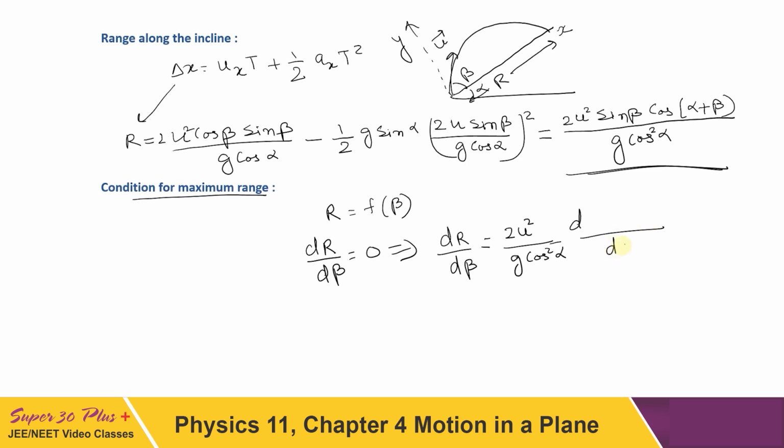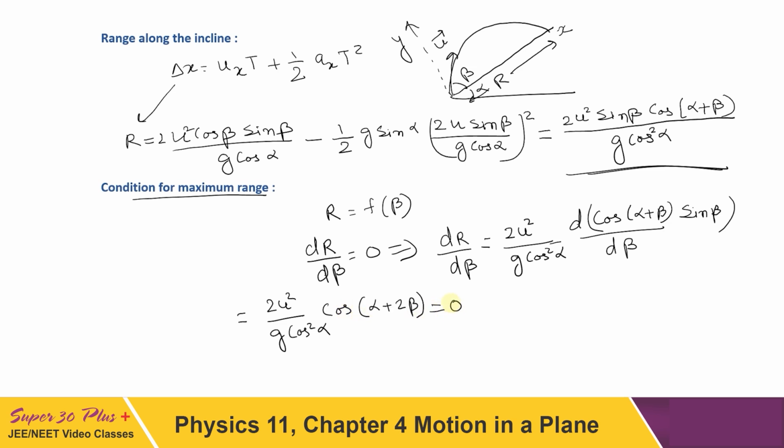And then d by d beta of cos alpha plus beta into sin beta. Here I have separated the expression in two parts. The first part is independent of beta and the second part is dependent on beta, which is to be differentiated.